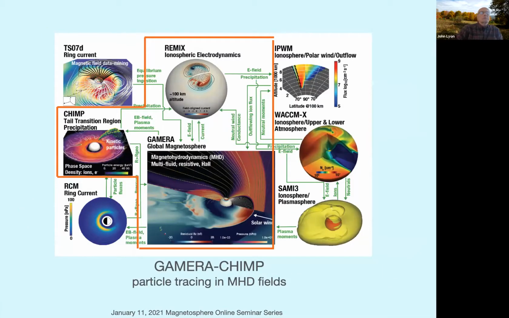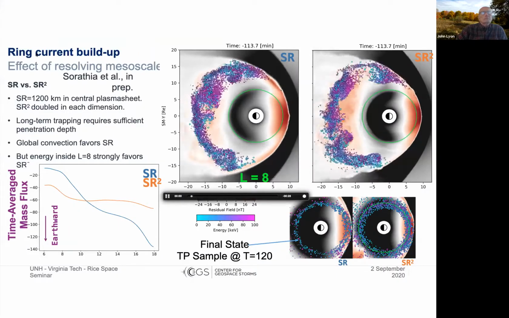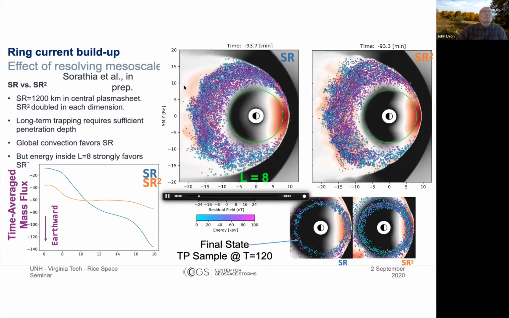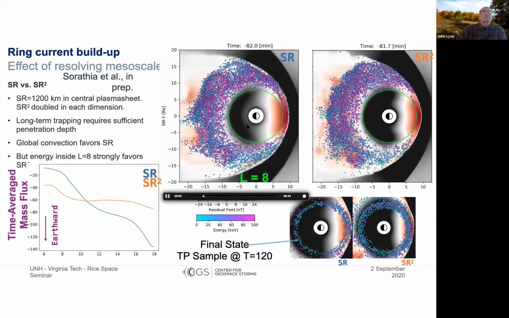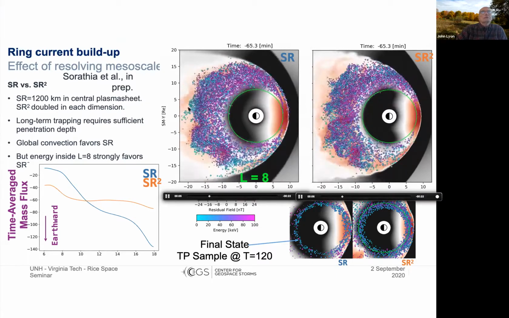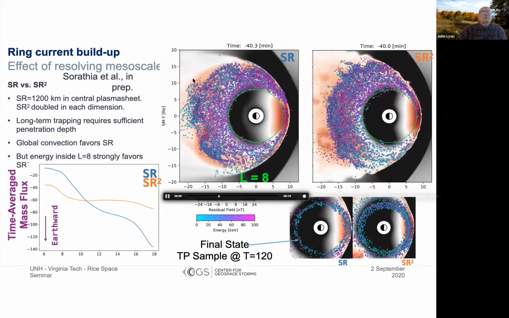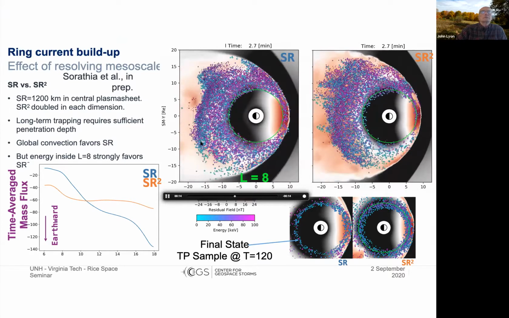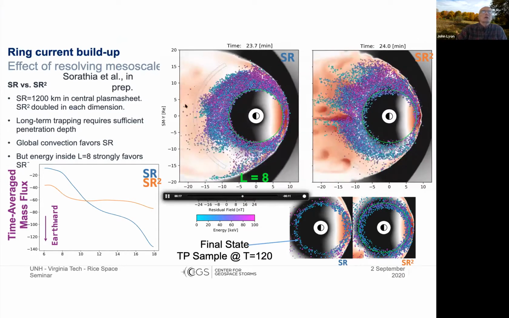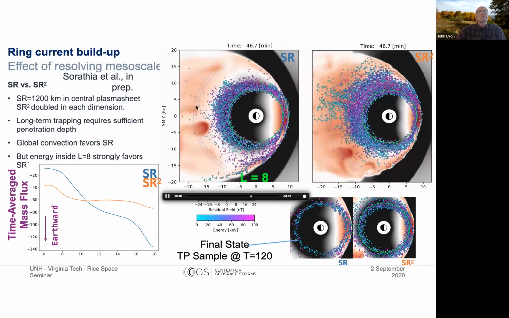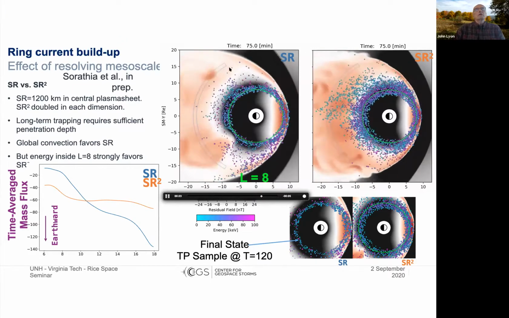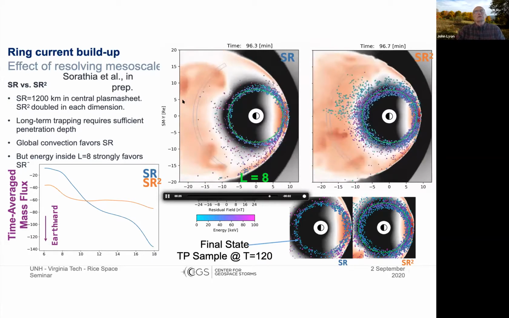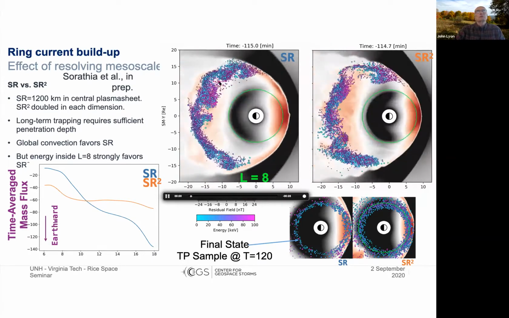Okay, next step, Gamera chimp, particle tracing in MHD fields. These two plots are of releasing some particles of relatively low energy on this arc here, and seeing what happens as you let the MHD fields move it around.